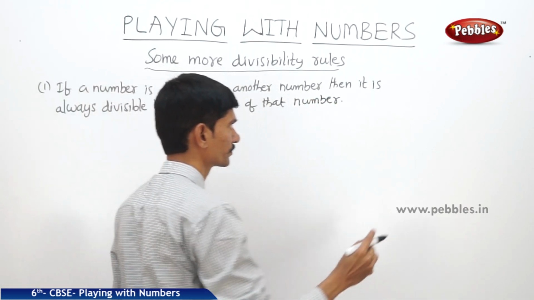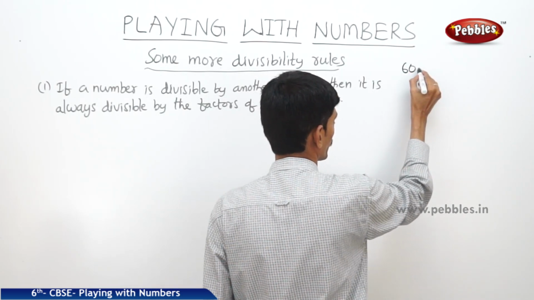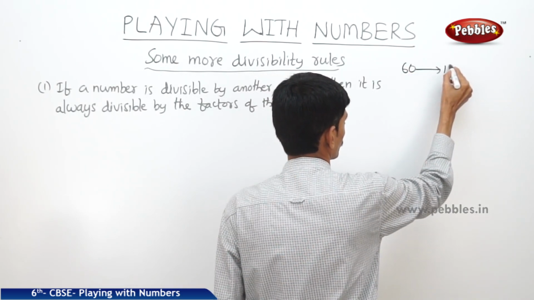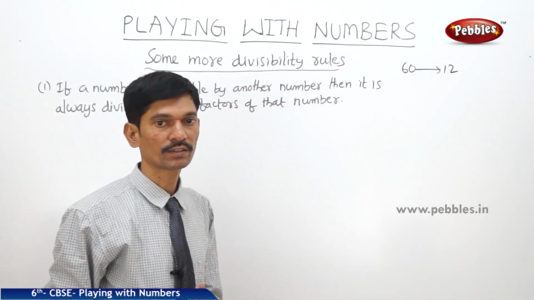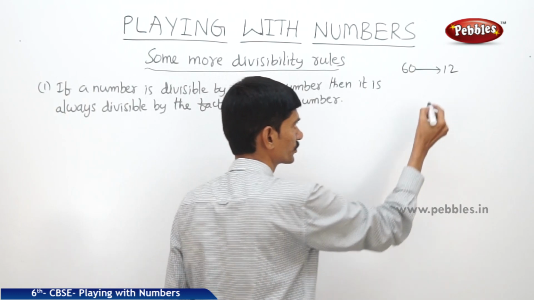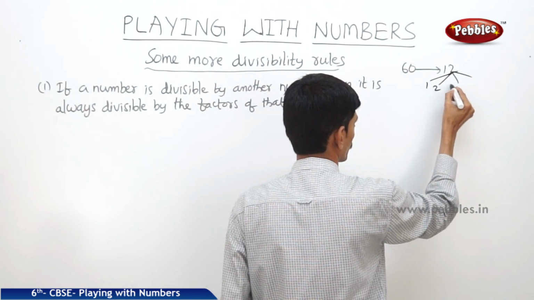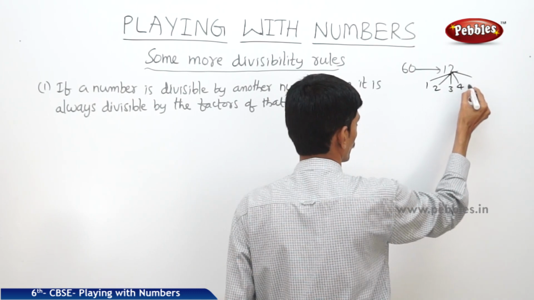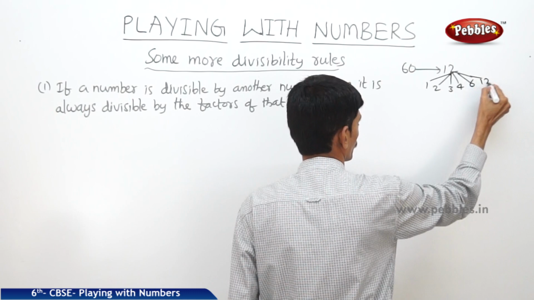See, for example, 60 is divisible by 12 because 12 5s are 60. Then what are the factors of 12? So the factors of 12 are 1, 2, 3, 4, 6 and also 12.